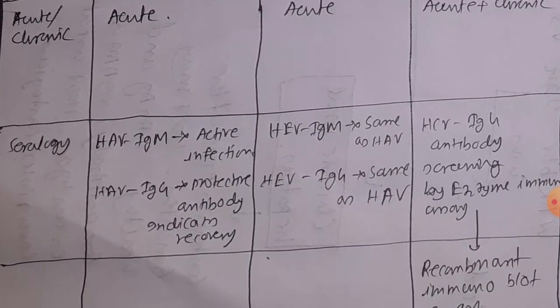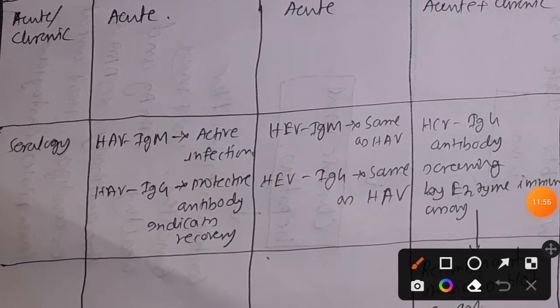Okay, and now serology. So remember here that in all types of hepatitis virus, two important antibodies are involved, IgG and IgM. In some cases you may find only IgG, in some cases only IgM, and in some cases both.